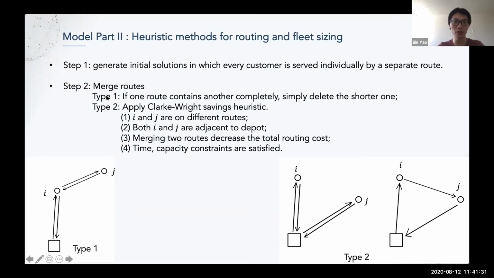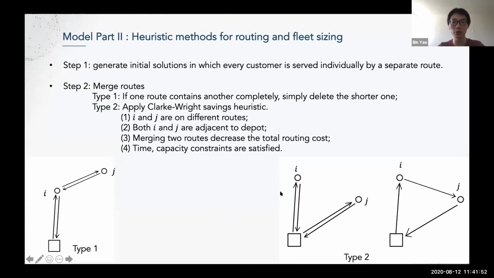The first one is simple and naive. Suppose customer I is located on the shortest route from the depot to customer J, then we simply eliminate the route that is contained by the longer route. So now customers I and J are both served by only one vehicle.